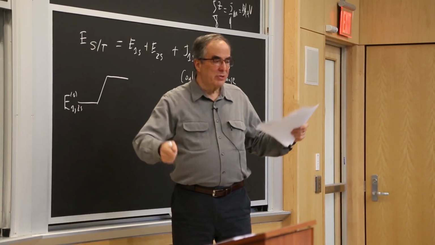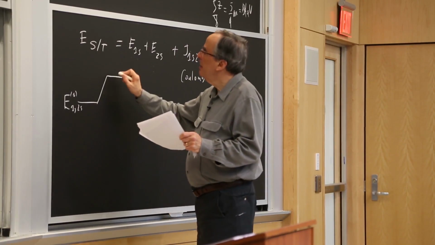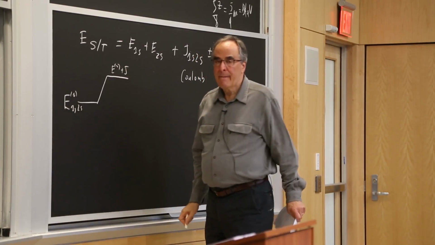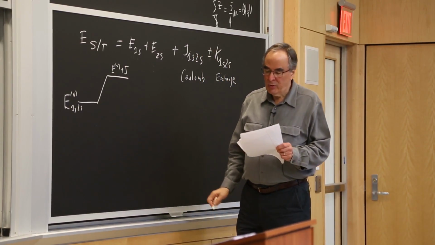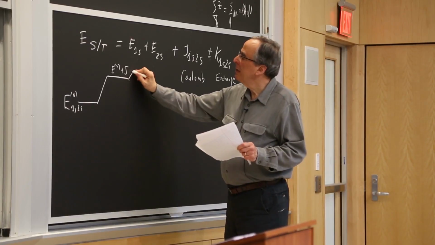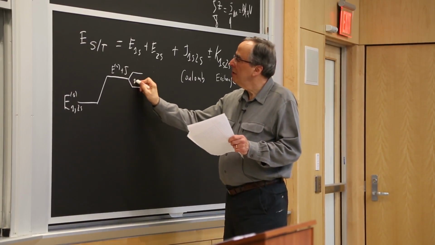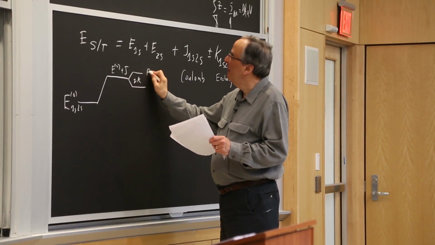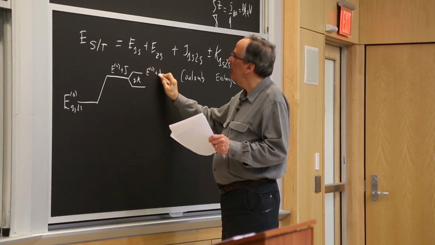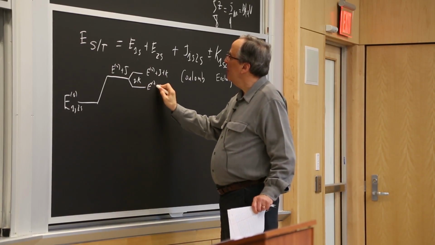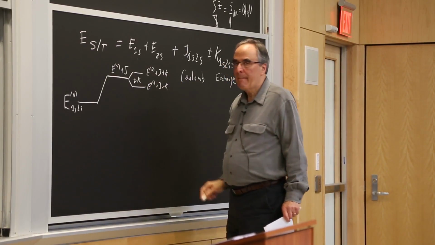It's a positive energy. And so this is E0 plus J. And then we include the exchange interaction. And so this is difference 2K, and this is E0 plus J plus K. And this is E0 plus J minus K.